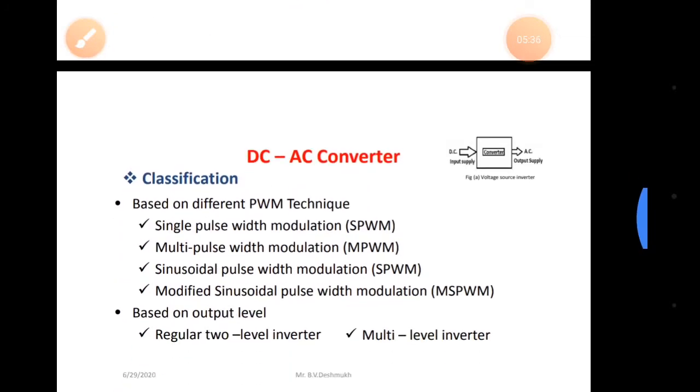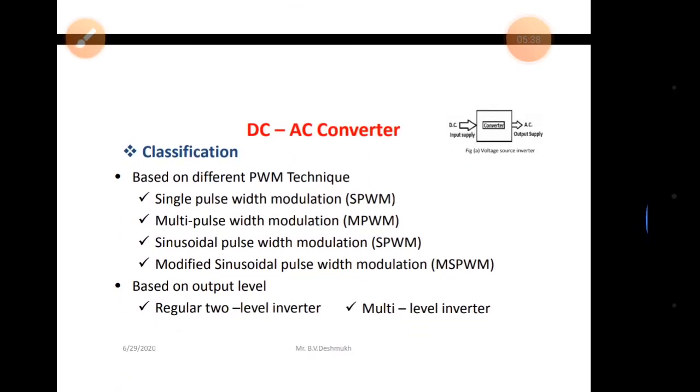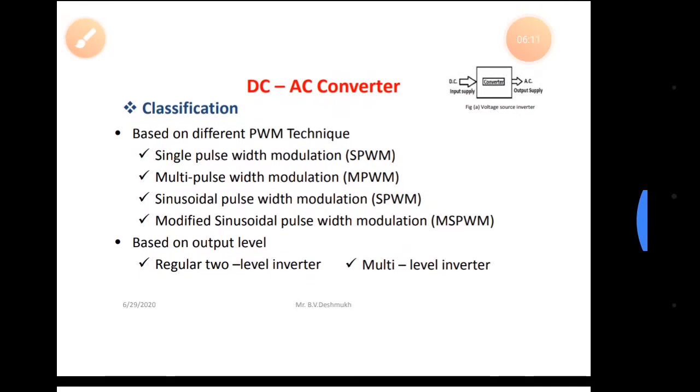Based on the different PWM techniques, single pulse width modulation inverter, multi-pulse width modulation, that is MPWM inverters, sinusoidal pulse width modulation, that is SPWM inverters, and modified sinusoidal pulse width modulation, that is MSPWM inverter. Based on the output level, regular two level inverter and multi-level inverters.